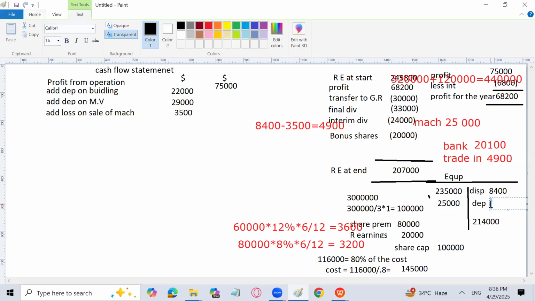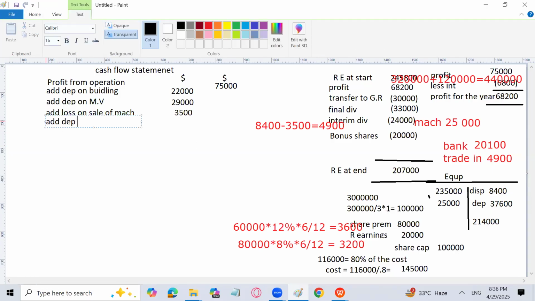So how much is it going to be? Take the total of the debit side, and the difference is going to be the depreciation. 235,000 plus 25,000 becomes 260,000, minus 214,000 and minus 8,400 is 37,600.